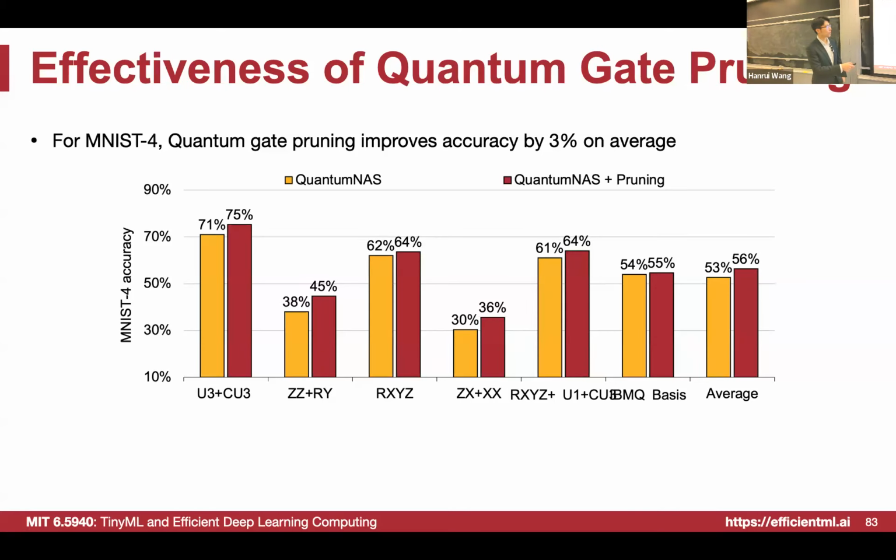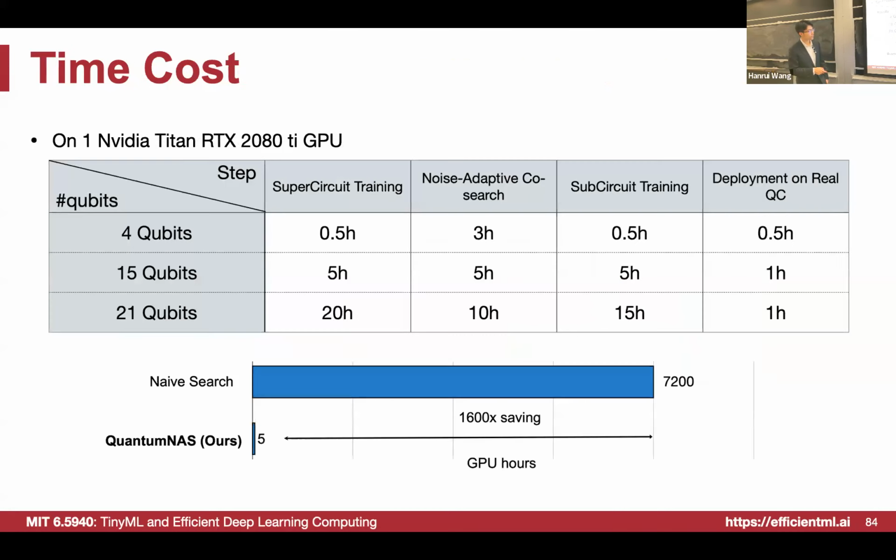The rationale is that after you prune some inessential gates and retrain the remaining ones, the noise-free performance will be very similar, right? But because you remove those inessential gates, the noise introduced is reduced. So the impact from noise is reduced, and you can achieve performance closer to the noise-free simulation result. That's why after pruning, our performance can even be increased by several percent here.